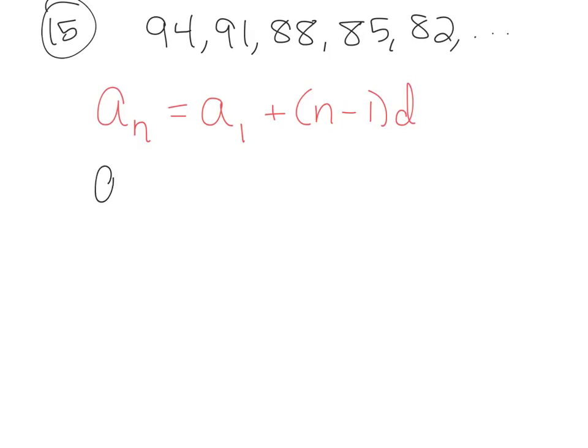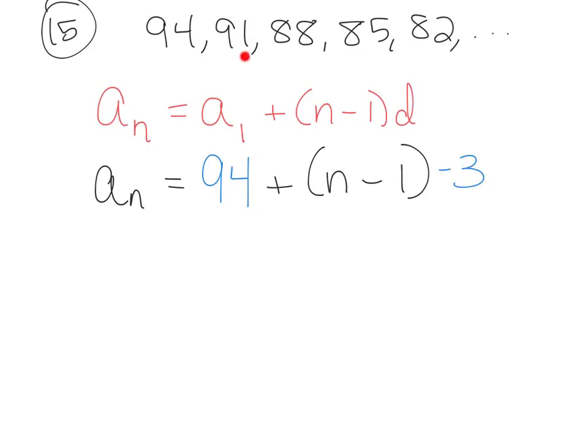So in this case, our a sub 1 is 94, and our n minus 1 stays there, and our d value in this problem is a minus 3, because each time we are subtracting 3 in these problems.